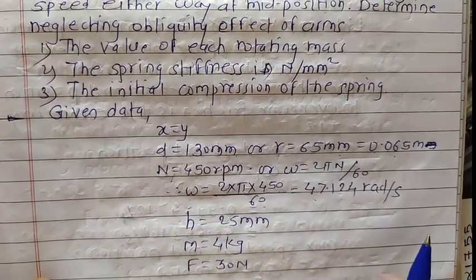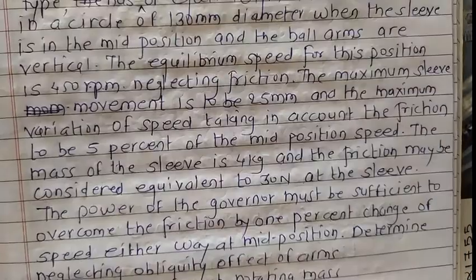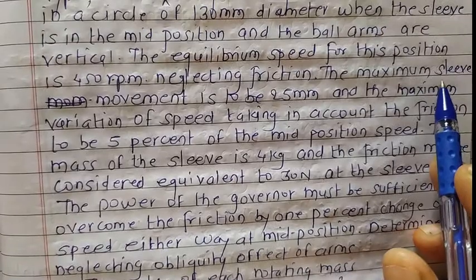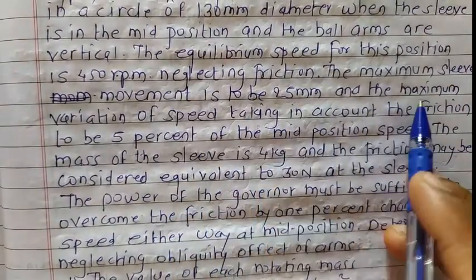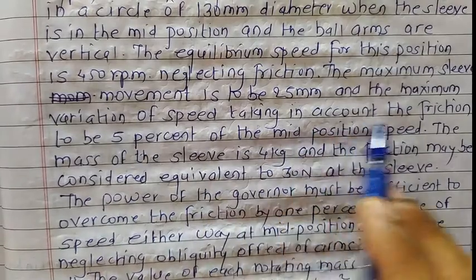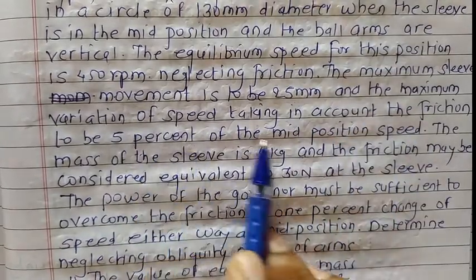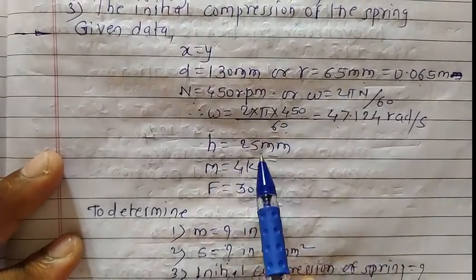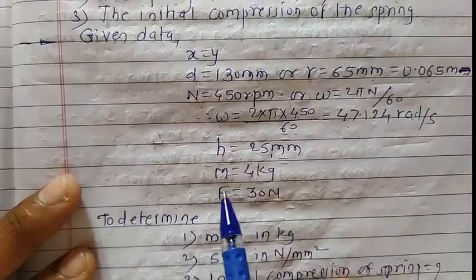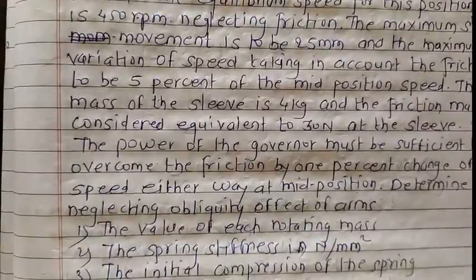The next one, the maximum movement is to be 25 mm and the maximum variation of speed taking into account the friction is 5% of the mid position speed. In this case, the next information is that the height of the governor is 25 mm, and the mass of the sleeve is also given.